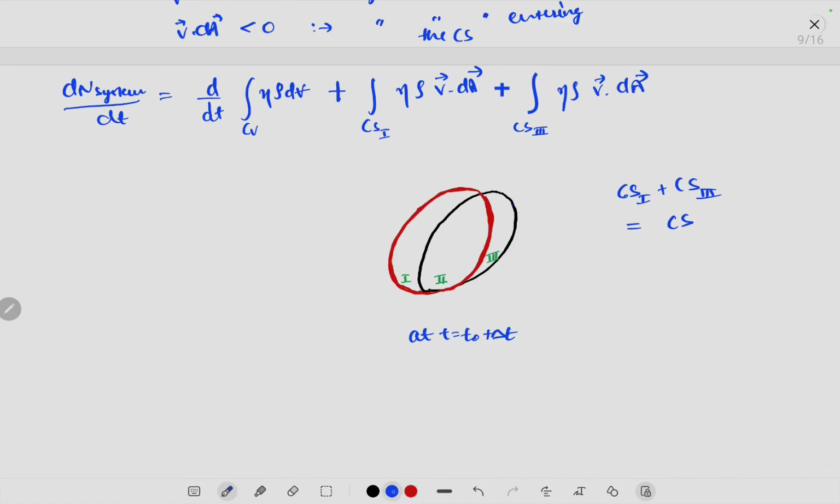Let me just draw it with some other color. My control surface now would be my cs1 plus cs3.